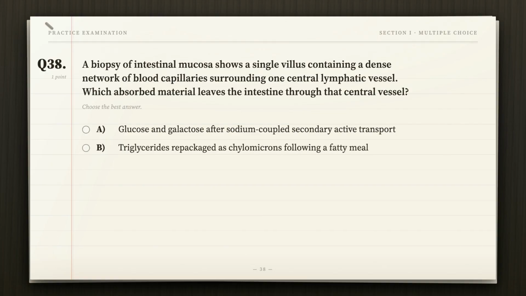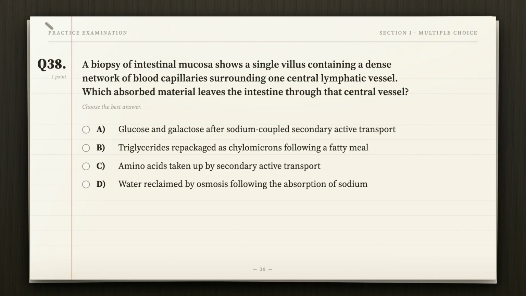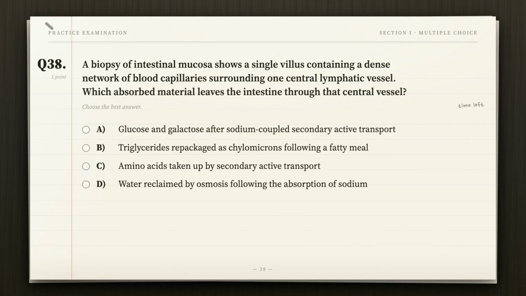B. Triglycerides repackaged as chylomicrons following a fatty meal. C. Amino acids taken up by secondary active transport. D. Water reclaimed by osmosis following the absorption of sodium. Which would you go with? Lock it in before the reveal.